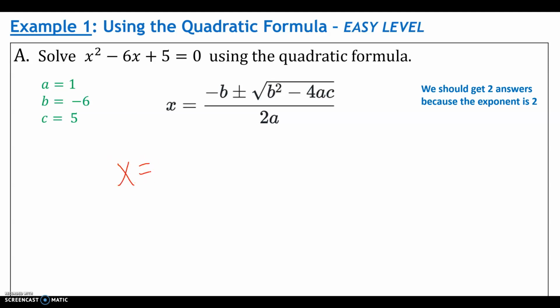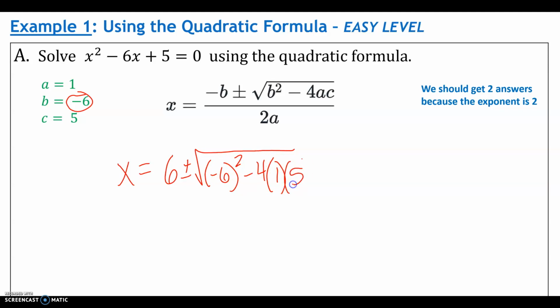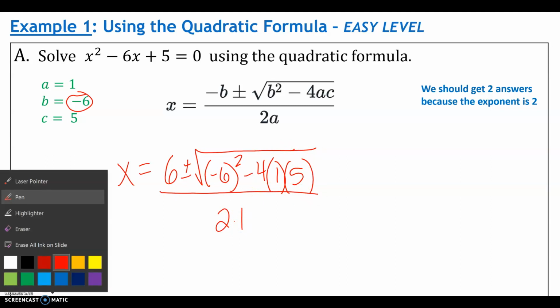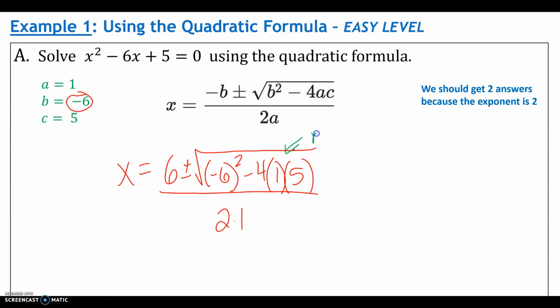Negative b, well, since b is already negative, this just becomes 6 plus or minus. Then we're going to do negative 6 squared minus 4 times 1 times 5, all divided by 2 times 1. What you need to pay attention to is that you are going to multiply these numbers.